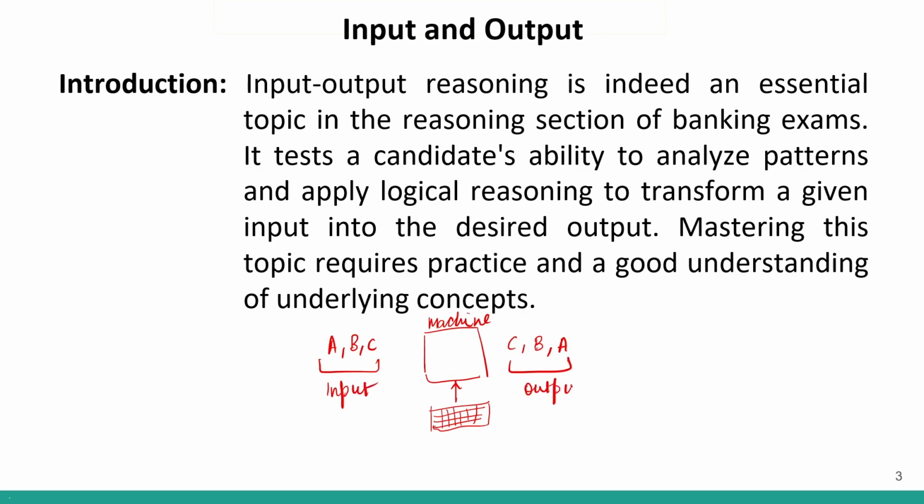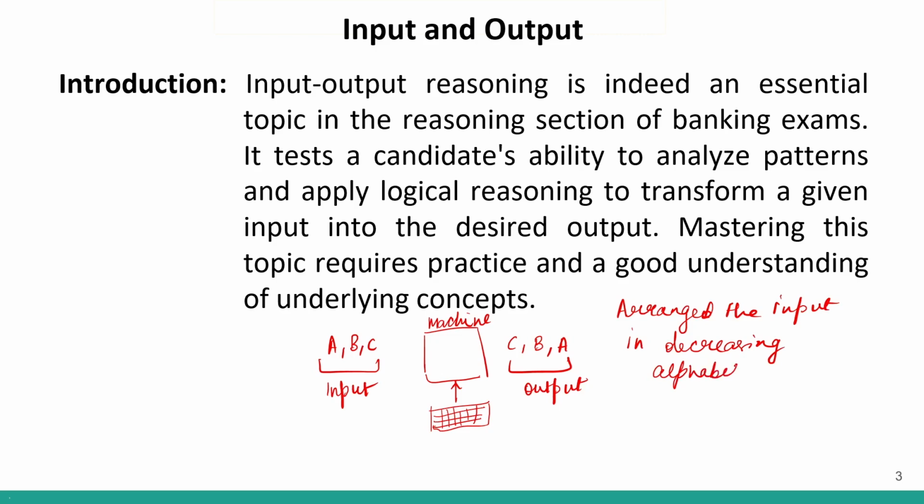So basically you enter something in a machine, the machine does some certain operation on it and then arranges it in this way. So what is the operation that the machine does? The machine has basically arranged the input in decreasing alphabetical order, correct?